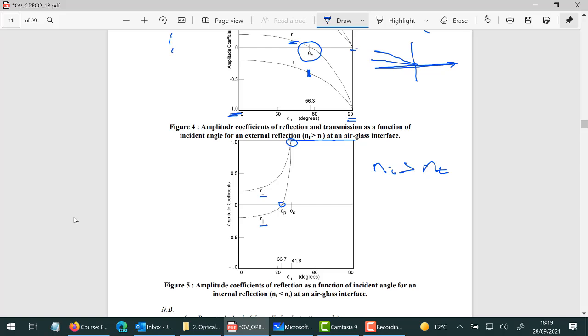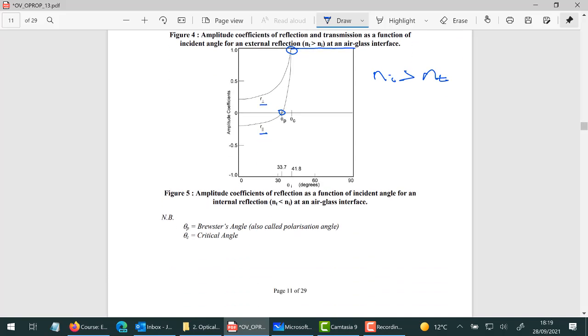So 100% of the light gets reflected, none of the light gets transmitted. Okay, so you'll see in some textbooks it might be referred to as the polarization angle, but I'm only telling you that in case you see it. I tend not to use that notation, I use Brewster's angle and critical angle.